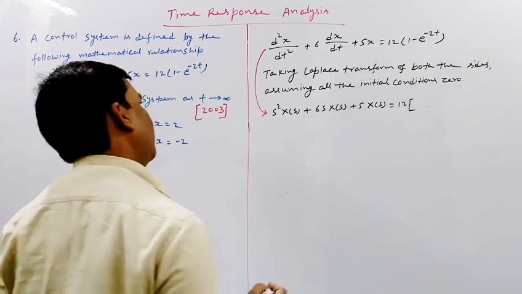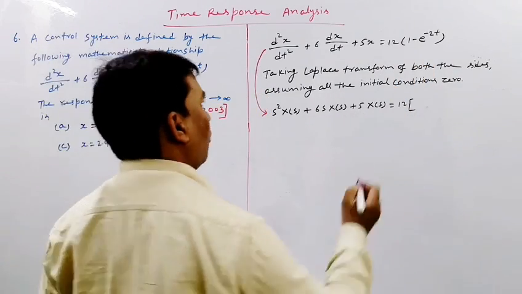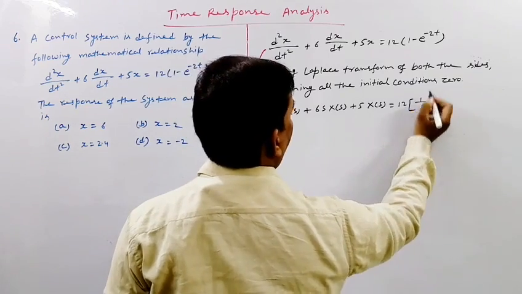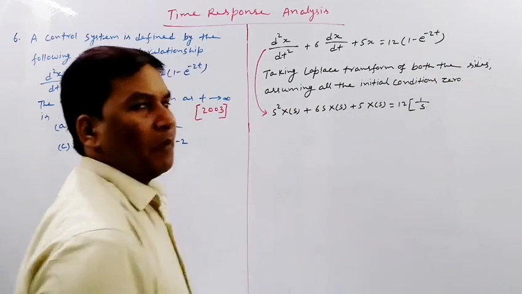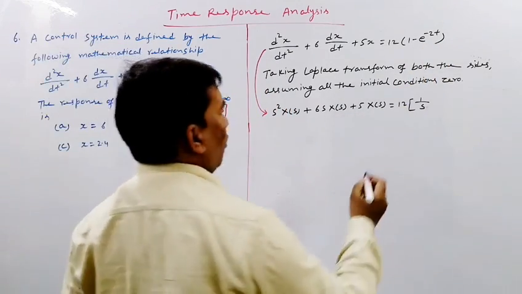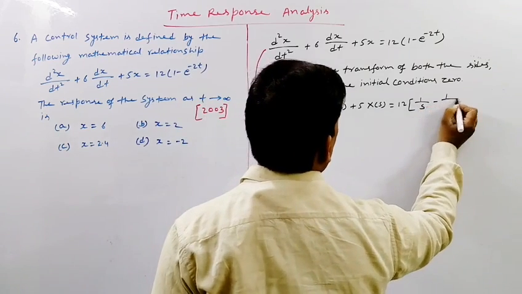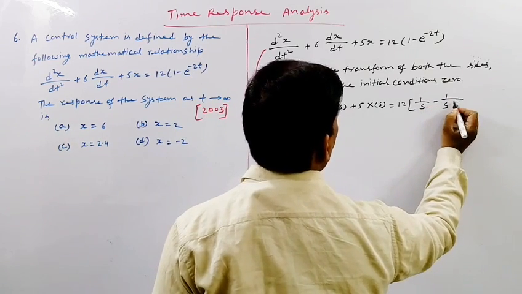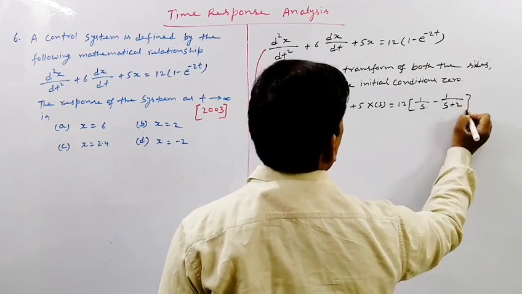The Laplace transform of 1 will be 1 by s, and the Laplace transform of e to the power minus 2t will be 1 by (s plus 2).